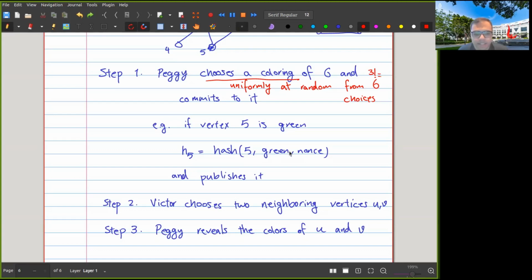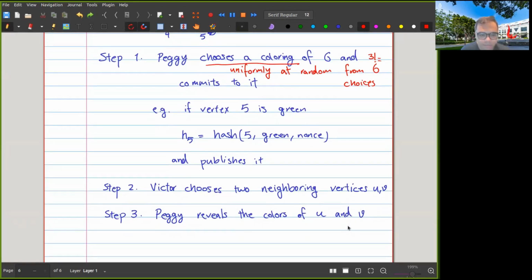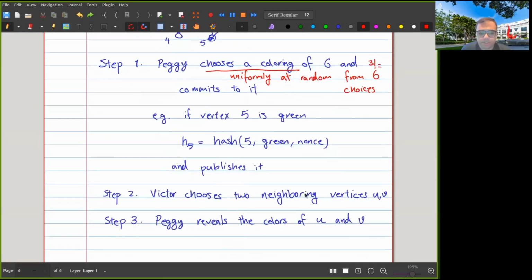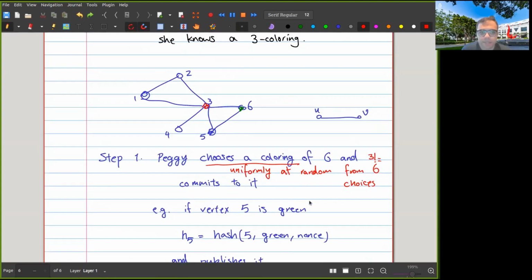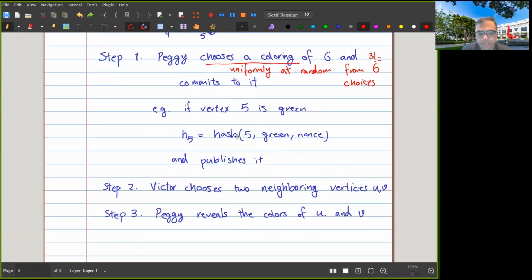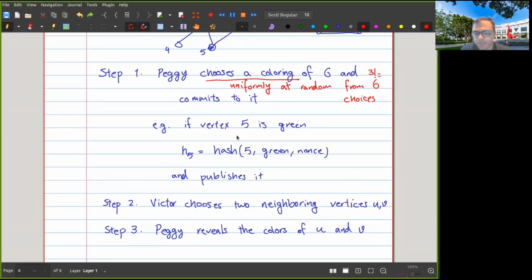Maybe we can just add a constraint that you cannot reuse your vertices, or you cannot ask for the same pair of vertices more than a fixed number of times. But anyway, the important point here is that we're not leaking any information, and Victor is actually convinced that Peggy knows a coloring.